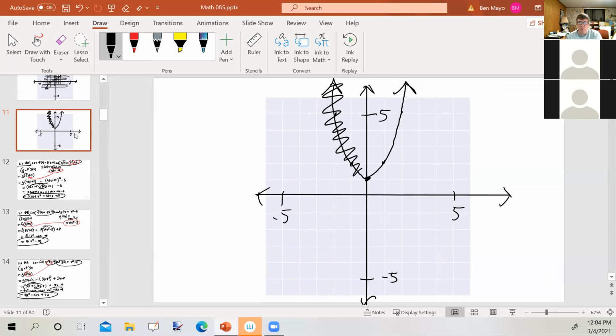So we took a function and put a restriction on the domain in order to create a piece of the function that is a one-to-one function. So far, so good?